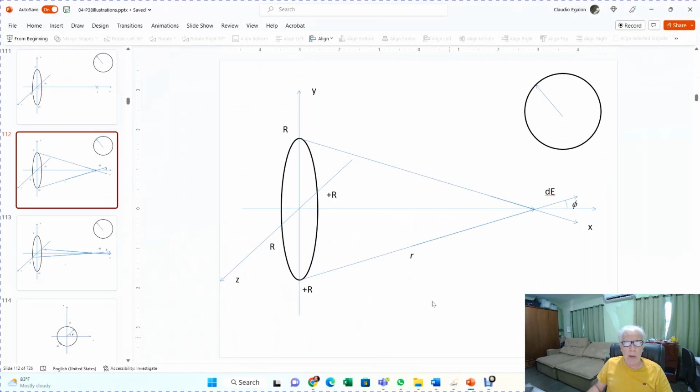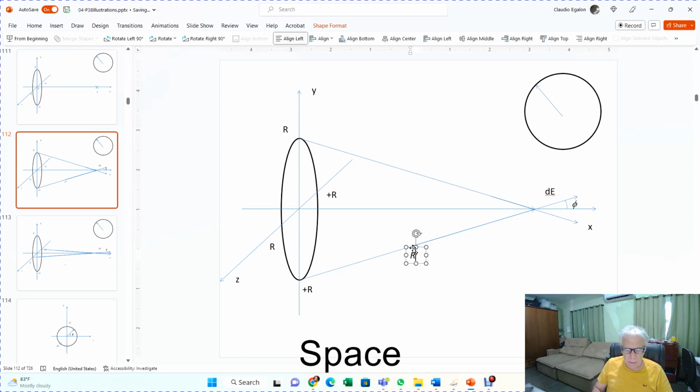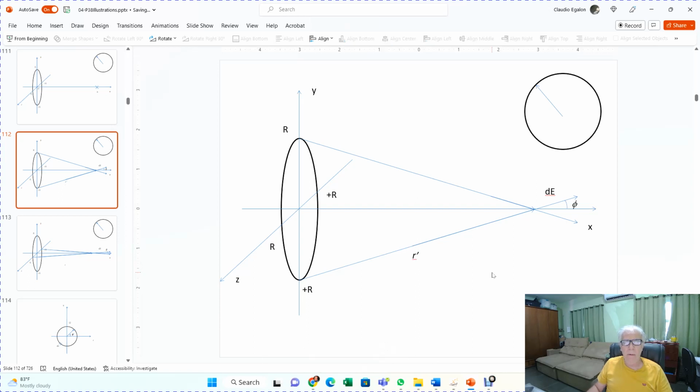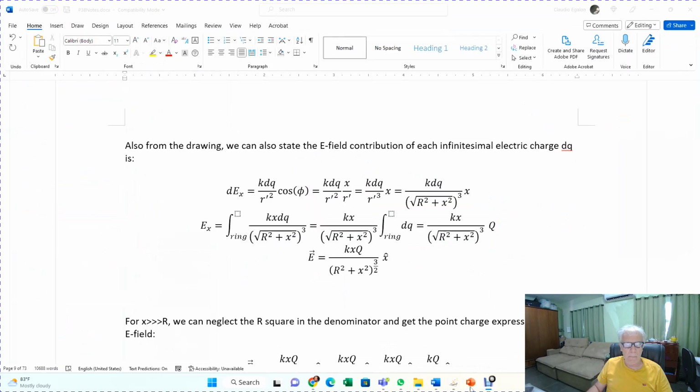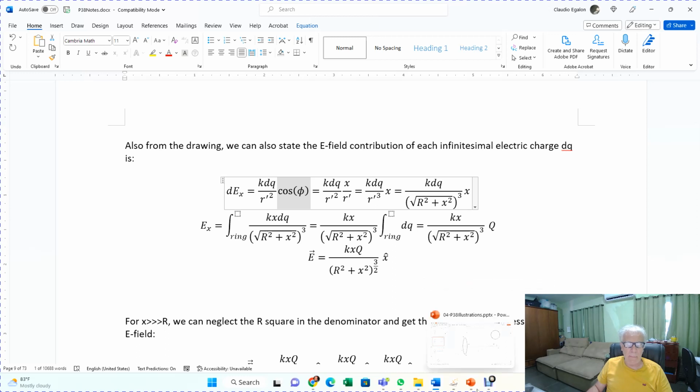The r prime is going to be this distance from here to here, which is equal to the distance from here to here. Let's change the notation to R prime, just to keep consistent with my notes. And we have to write this cosine of phi in terms of the variables that we have in the drawing.